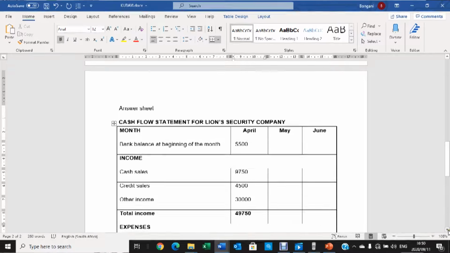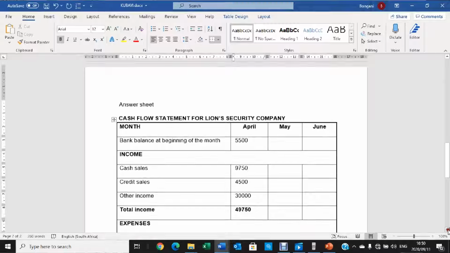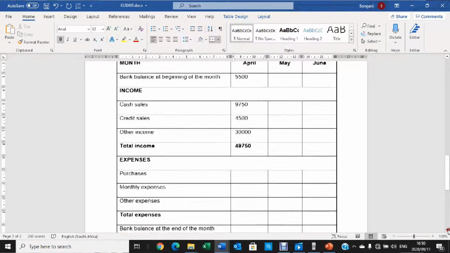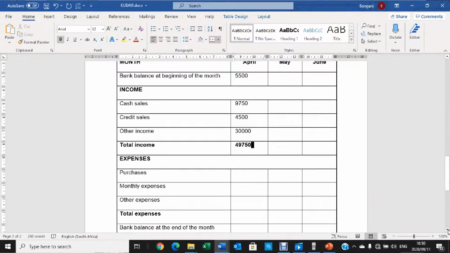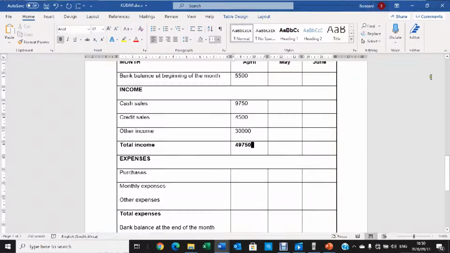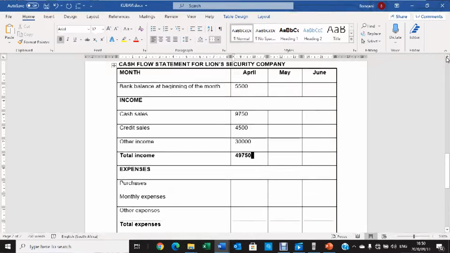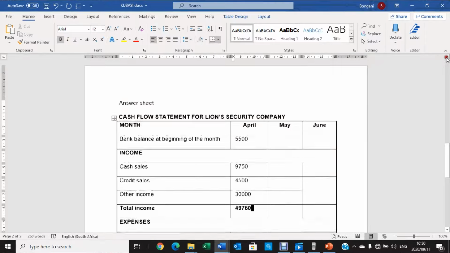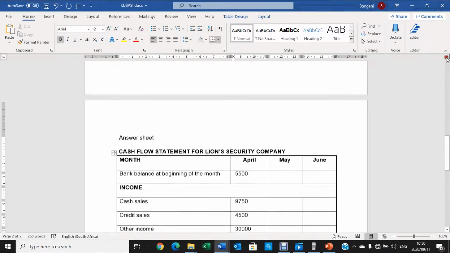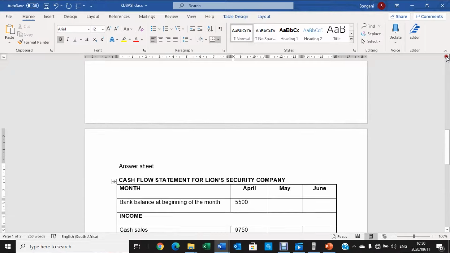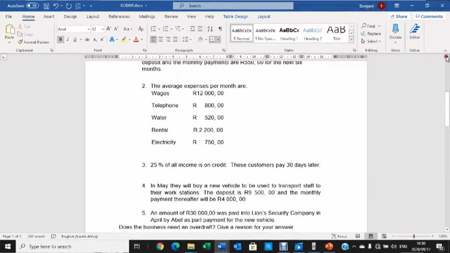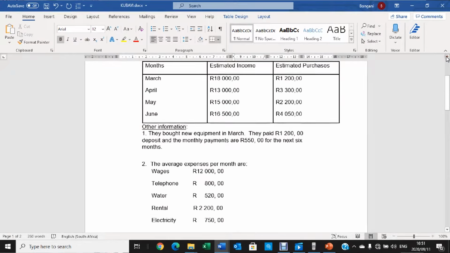49,750 as our total income. Then let's move to expenses. Our expenses, we have estimated expenses for each and every month. Then we go back and check how much it is estimated that the business is going to purchase in the month of April. Then it is how much? It is 3,300.